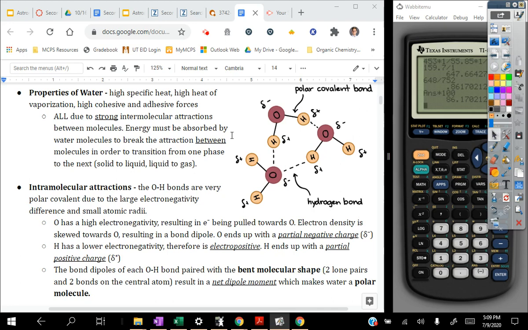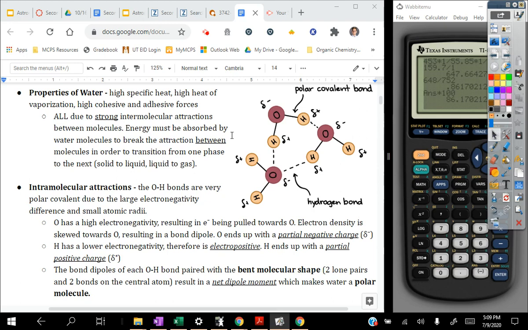When we're talking electronegativity, that just means that an atom has a greater ability to pull electrons toward itself. So oxygen, which has a high electronegativity, on the Pauling scale, it's about 3.5, is bonded to hydrogen, which is about 2.1 on the Pauling scale. That electronegativity difference is 1.4. If you subtract 3.5 and 2.1, the difference is 1.4.